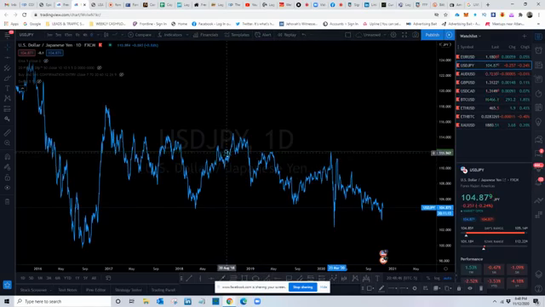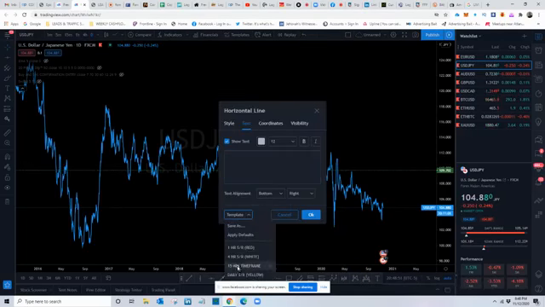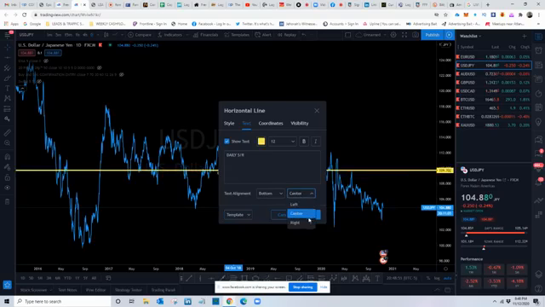So let me move the line down here. That's the most recent high, and we're going to label this so we know what each line represents. So this is the daily support or resistance here. Let me go ahead and grab my rules as well, so that I can go over it.